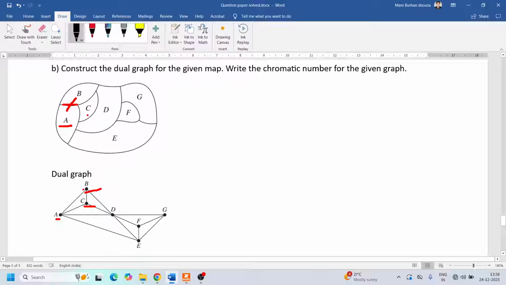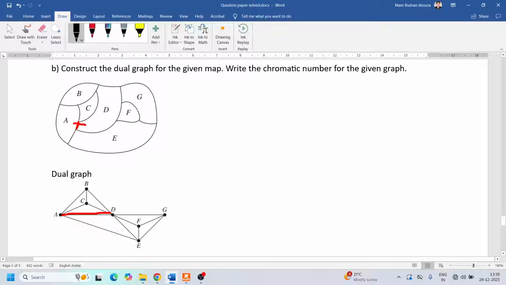So you draw an edge between A and B. Then A and C, you see that they share a common edge here. So you draw an edge between A and C. A and D, if you look here, they are adjacent to each other.